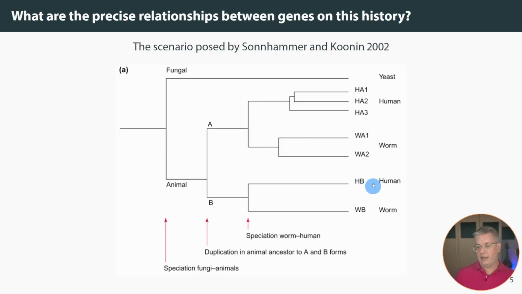So we can say that WB and HB are orthologs, but WA1 and WA2 are co-orthologs with HA1, HA2, and HA3, because the splitting happened all since that speciation. So in-paralogs also create co-orthologous groups.